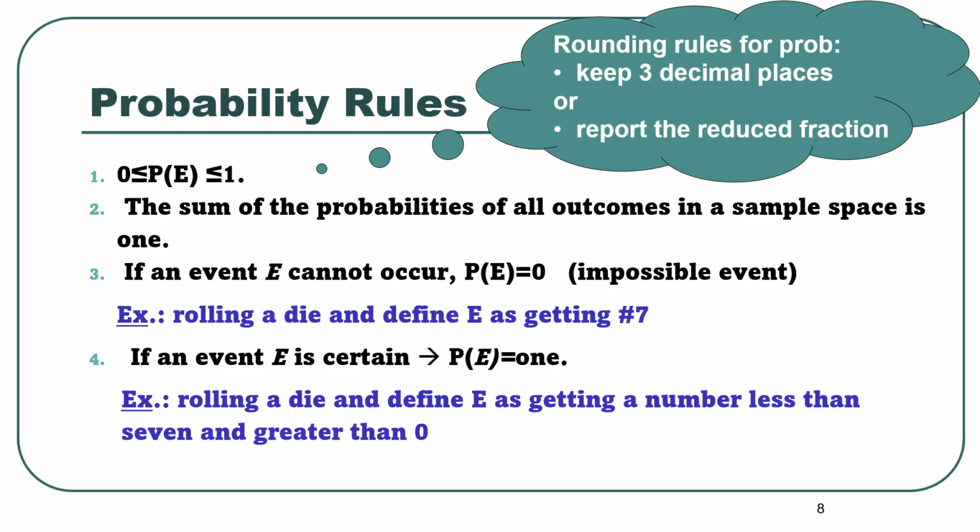Now, when you calculate the probability, you could round it to 3 decimal places, or report the reduced fraction.